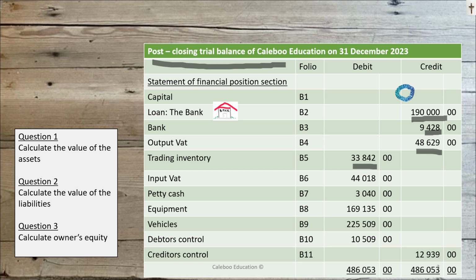And remember, we're working towards calculating what the owner is worth. But in order to do that, we first have to calculate the value of the assets and the value of the liabilities. So we're looking for, there's a question mark, the amount for capital, what the owner is worth.